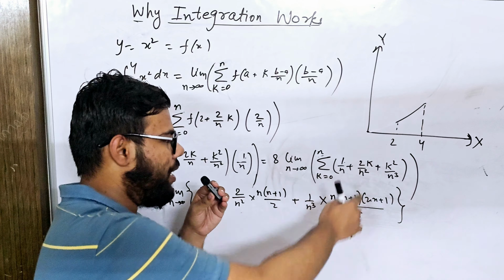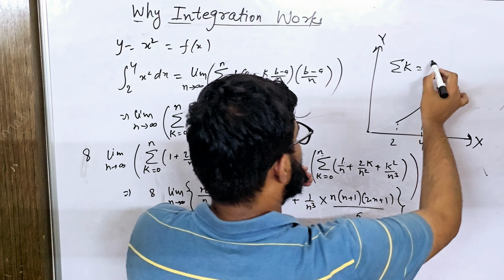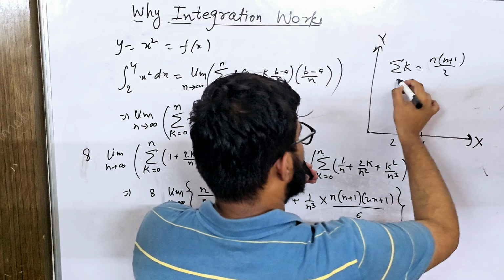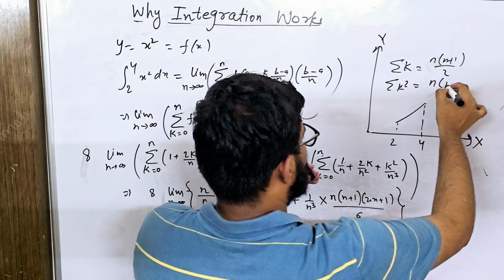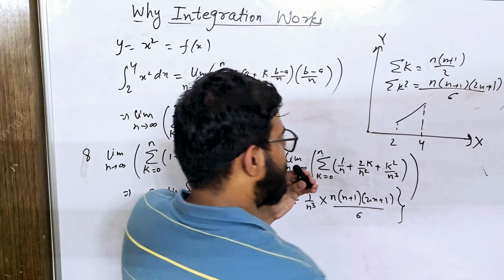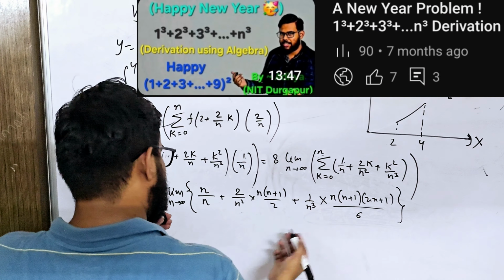Of course, the summation is over k, not over n, so don't get confused. Summation of k is n(n+1)/2. Summation of k squared is n(n+1)(2n+1)/6. You should remember these expressions.